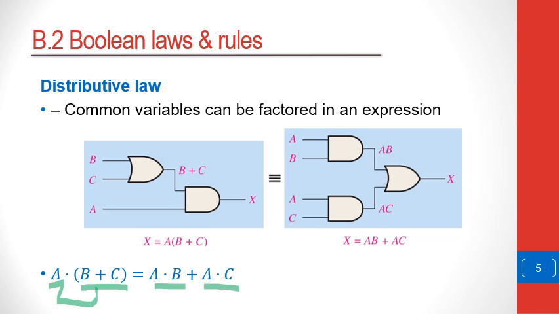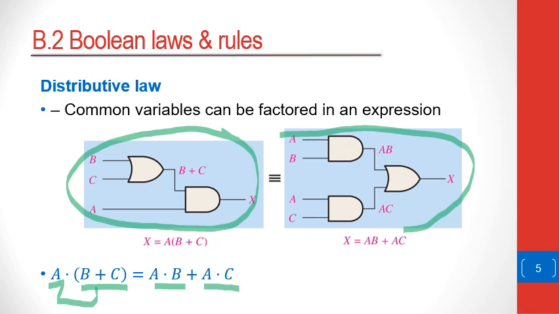In terms of the circuit, the output of this circuit is equivalent to that particular circuit. Remember, the whole idea of Boolean algebra is to help us design digital systems, so the expressions can always be made into equivalent logic circuits.